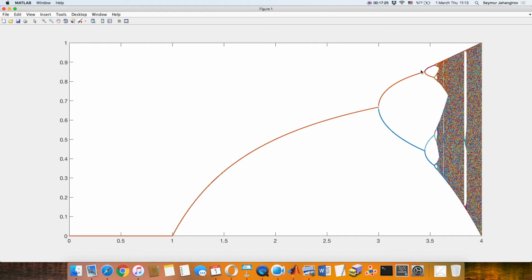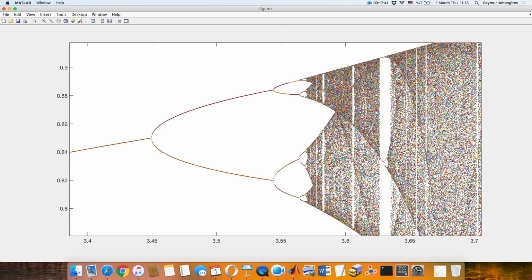Everybody? Then what happens next? It starts oscillating between four different values. Then 8, then 16, 32. And let's just check this one here. Do you see? It's very complicated.